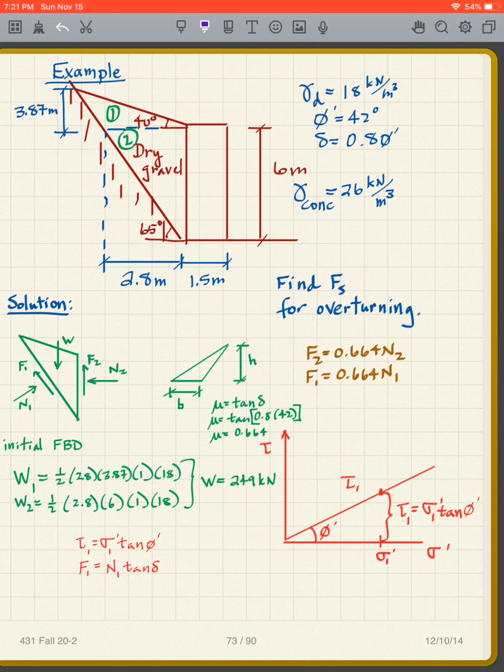I need to get the weight of that, which means I need to get the volume of this. The volume of that is what? The area of that triangle times the thickness. We usually take 1 meter. We're doing everything in meters, so we're going to do 1 meter perpendicular to the paper. So in other words, I need to get the area of that.